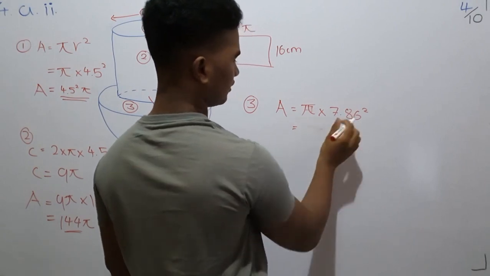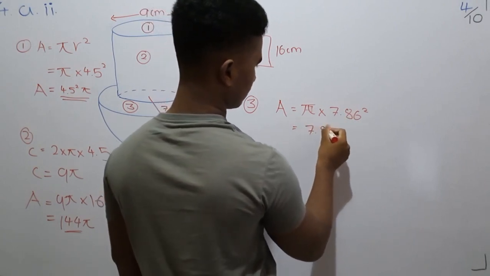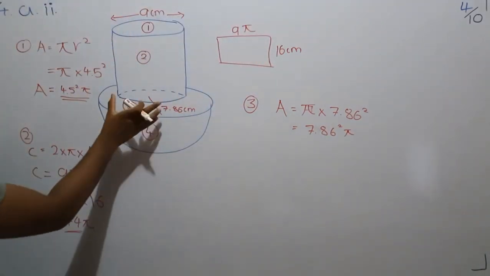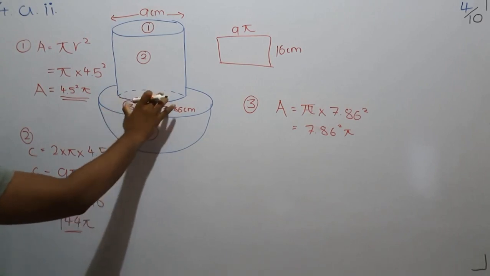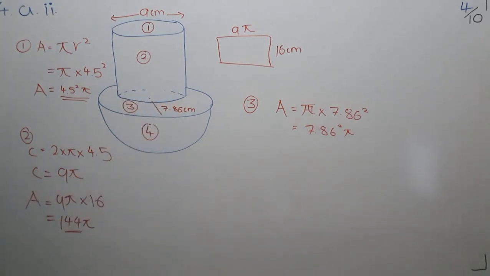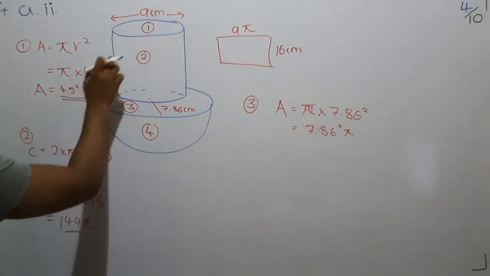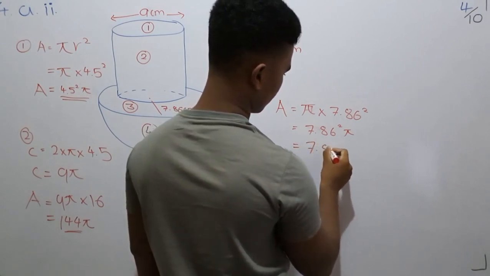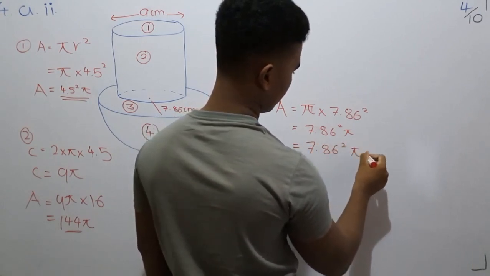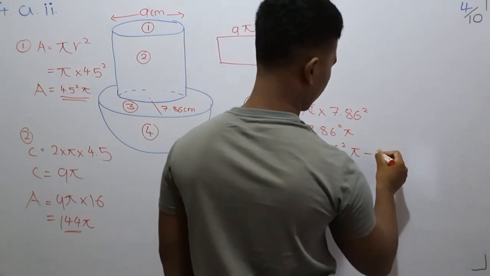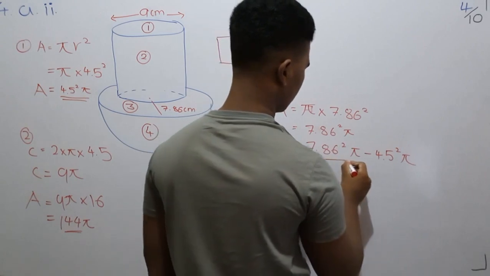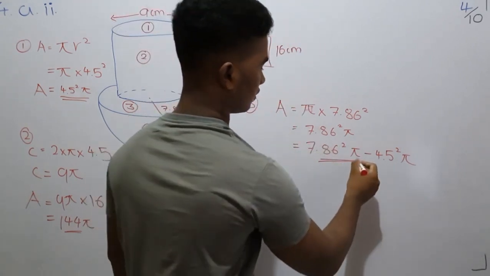You can leave your answer like this. But this is the total area. You should subtract this area. So that area is 4.5 square pi, which we calculated as 1. So this area is 7.86 square pi minus 4.5 square pi. So this is area number 3.